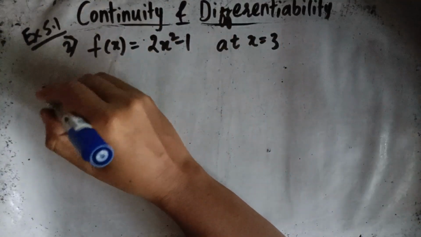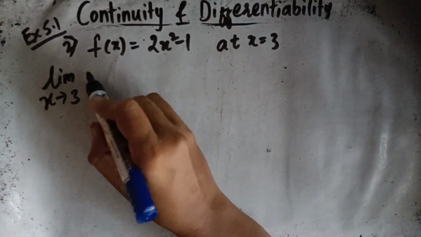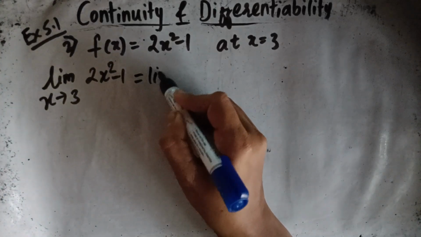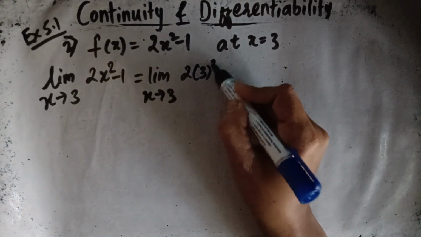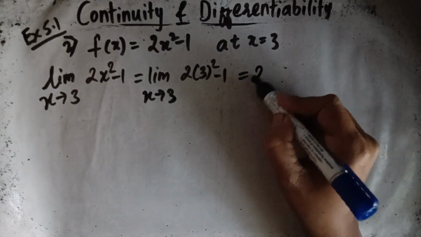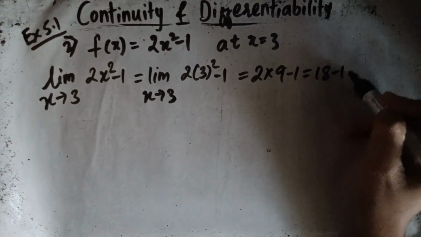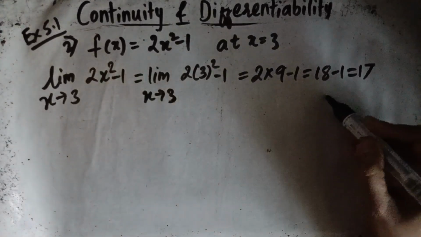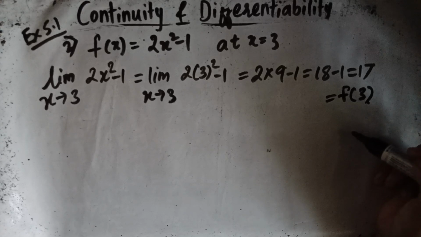The same way you have to solve this, limit as x tending to 3, 2x squared minus 1, which is 17, and this is the same as f of 3. So it is continuous at x equal to 3.